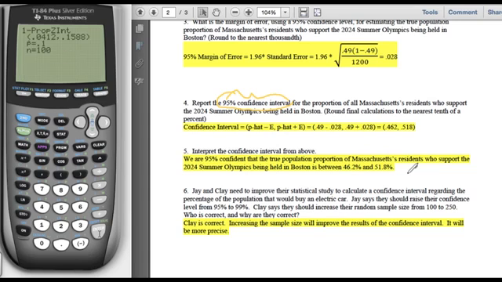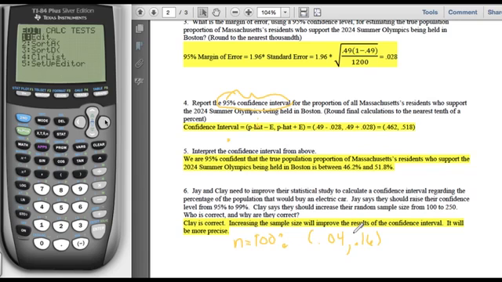So if I construct this, my confidence interval ends up being 0.041 to 0.152. So with n equals 100, we have 4% to 16%. But let's say I bump this up to 250.